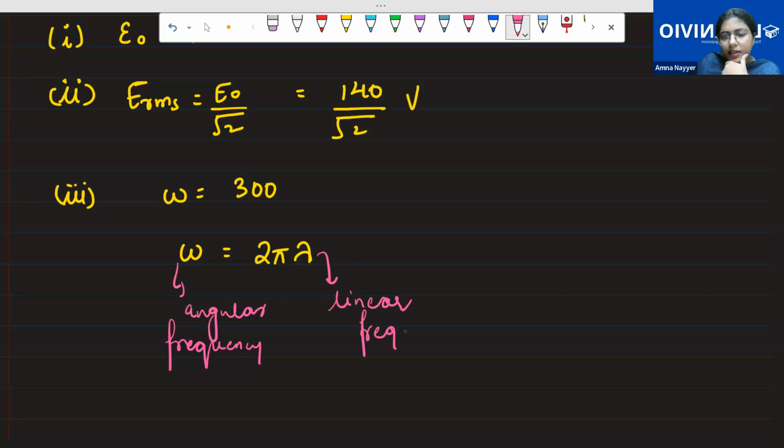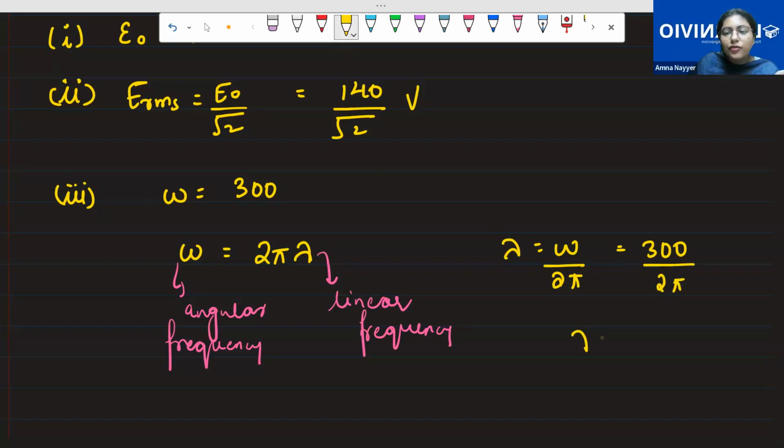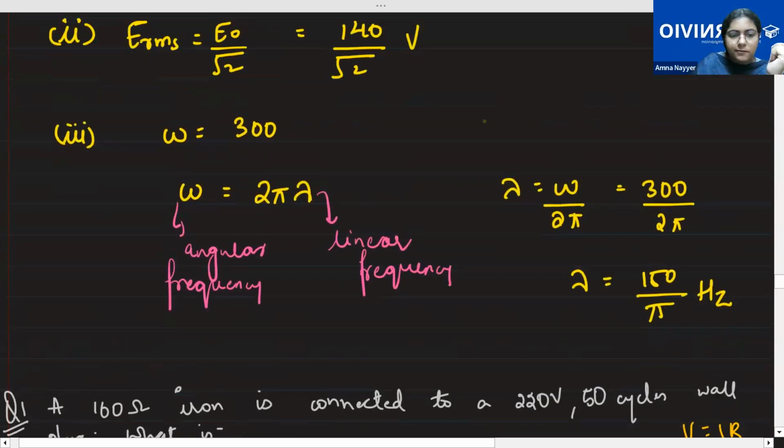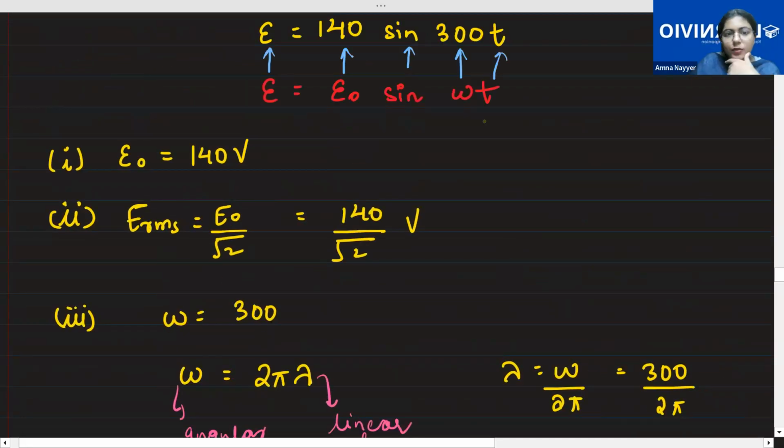We have done this relation multiple times by now, so you should remember. So linear frequency will be omega divided by 2 pi, which is equal to 300 divided by 2 pi. So frequency we can say is 150 by pi hertz. So that's the answer. Formula based question, you'll be able to answer. Okay, write it. That completes this whole topic.